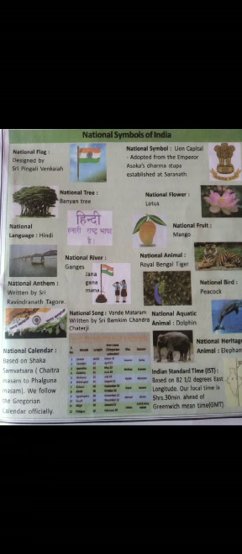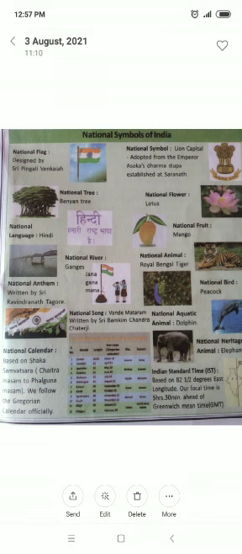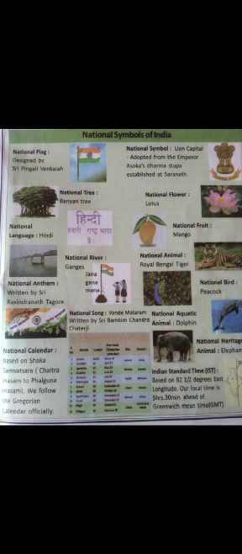National tree, banyan tree. National flower, lotus. And national language, Hindi. And national fruit, mango. National river, Ganga. National animal, Royal Bengal tiger.